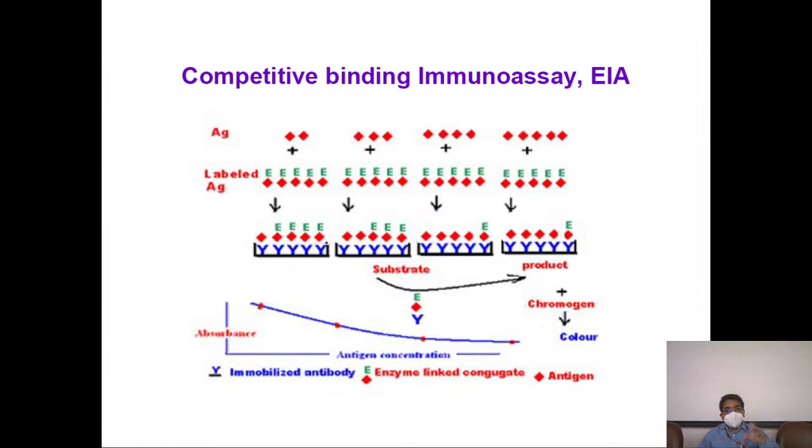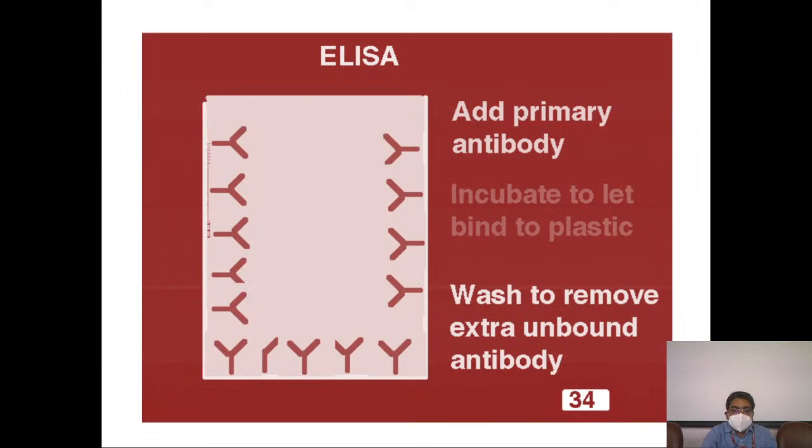So in the graph, more absorbance means less antigen in the sample. If less is the absorbance, more can be the antigen in the sample. They compete with each other, and depending on the colorimetric reactions we estimate whether antigen is there or not and how much is there. Okay, so I think we have seen this.